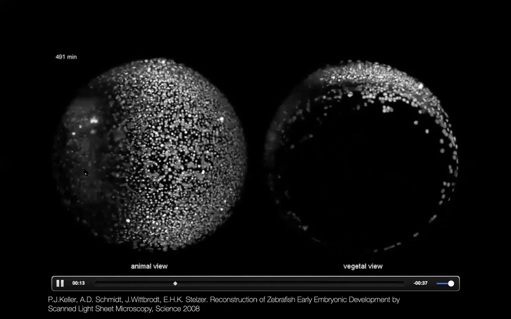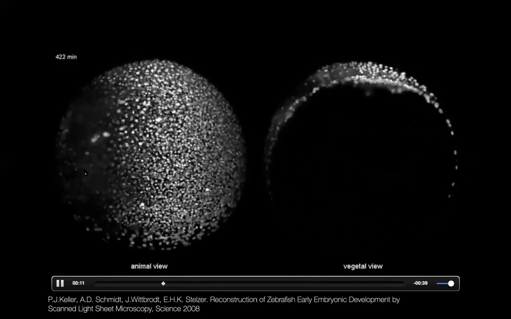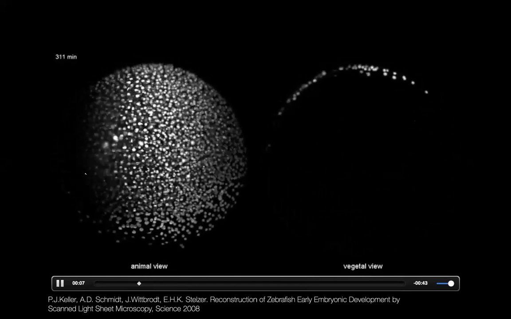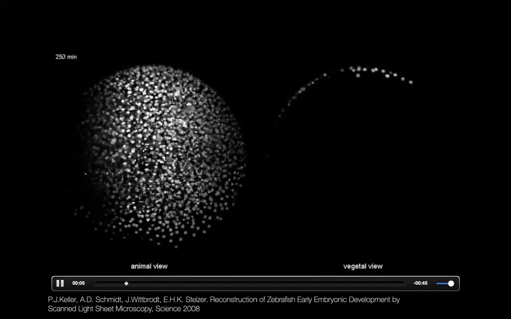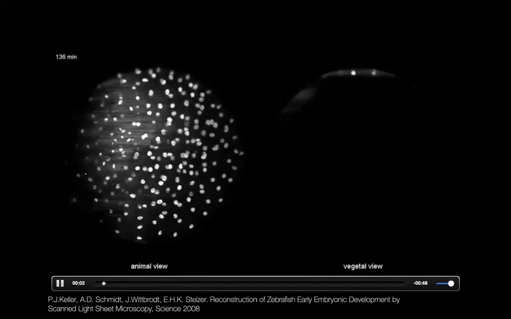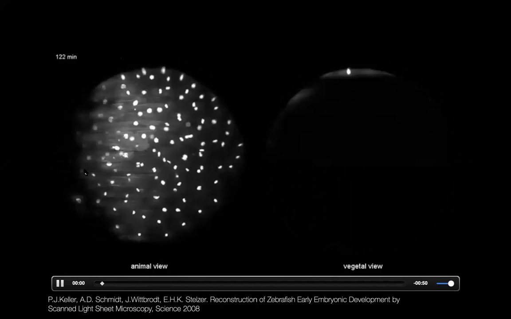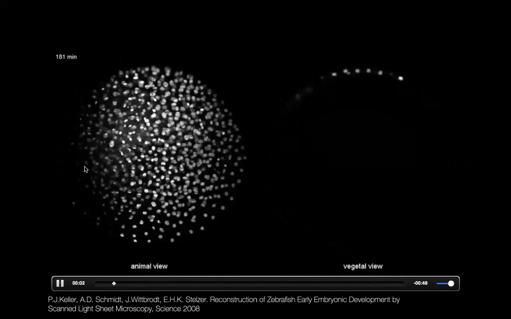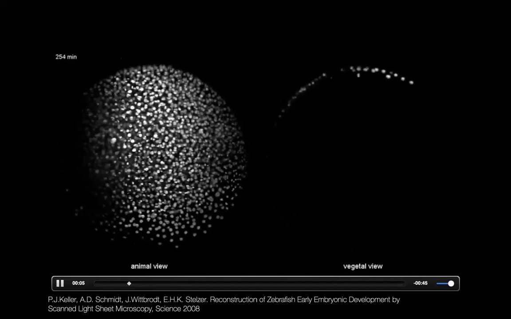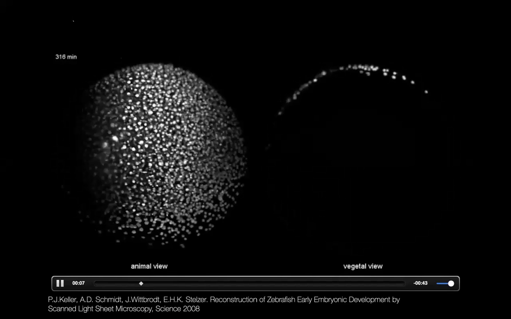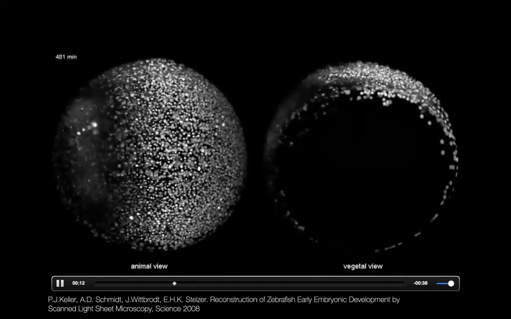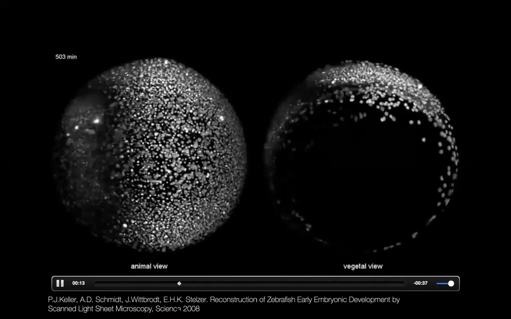It's not really clear how that memory is retained, and even in development, there are positional cues that are set up a little bit before that will impact what they do much later. We will talk about this idea of cell memory in later lectures, okay? Okay, thank you.